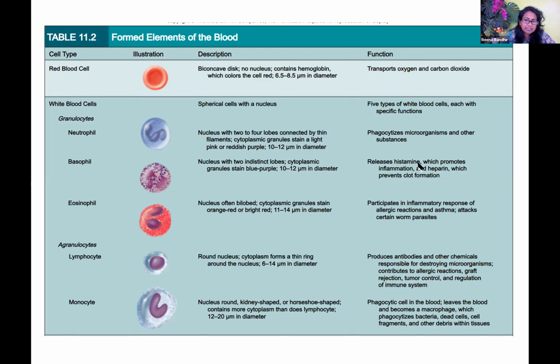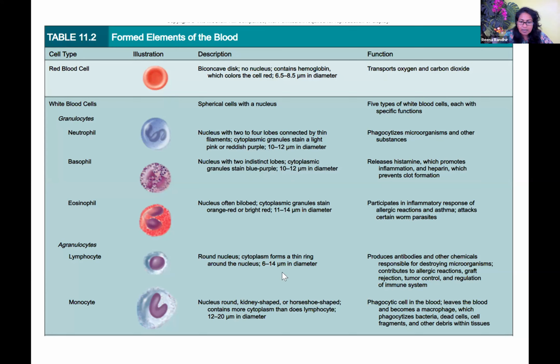They release histamines that will lead to inflammation, and they also play a role in blood clotting. Eosinophils also participate in the inflammation response, and they attack and take care of parasites and worms in our body. You can see the bilobed nucleus. So you can see how each white blood cell has its own distinct anatomy and physiology.